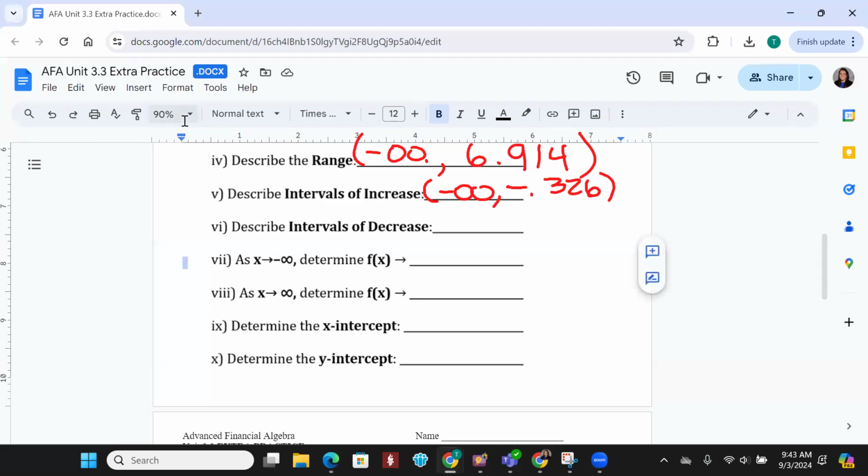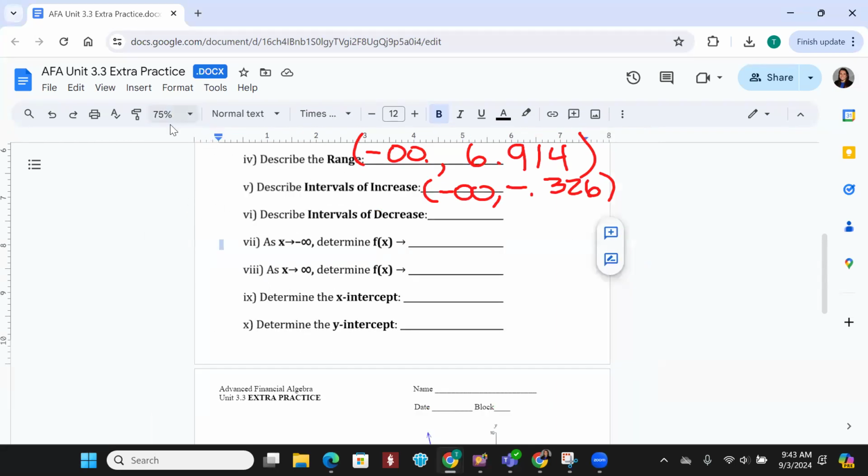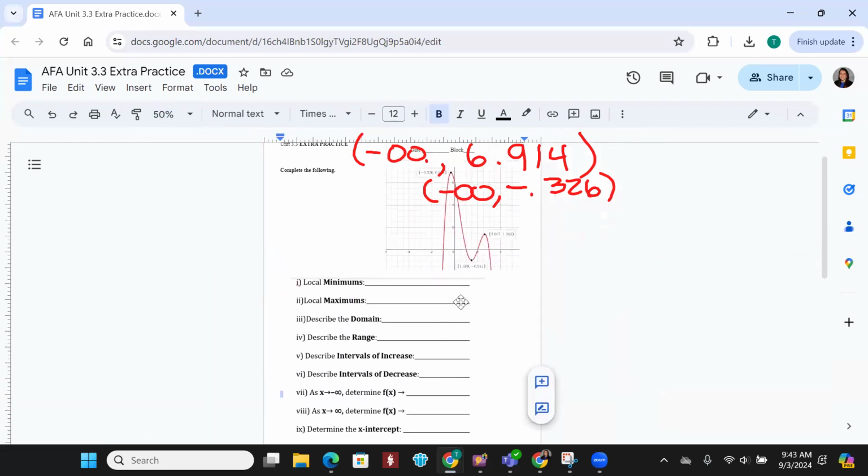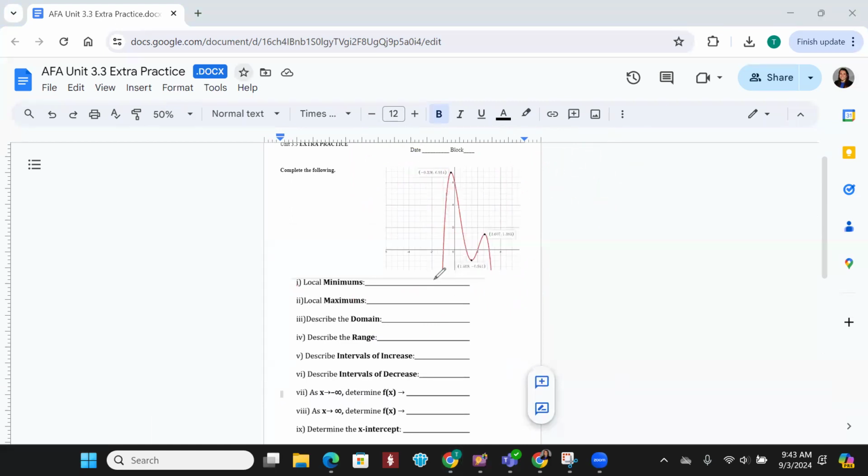Let me zoom out so y'all can see it. Here it is again. I got a question about range. On range, it's negative infinity to this point. Negative infinity, because it keeps going down, to 6.914. That's range.